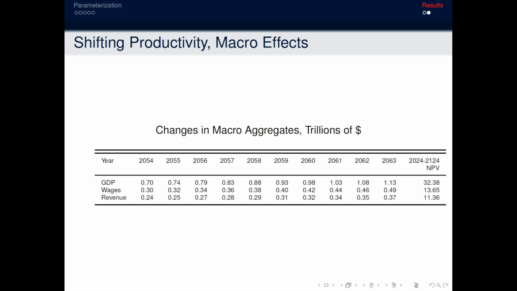And over the next 100 years, this small shift in productivity, representative of about a 1-year increase in human capital of individuals, is increasing GDP by about 32 trillion in net present value terms. And here, government revenue going up. In this simulation, we just held the demographics constant, so we just have more productive workers now producing more output, and therefore tax revenues are increasing.